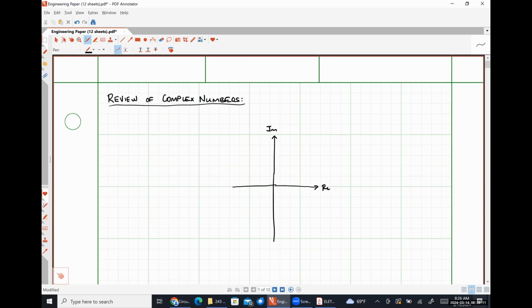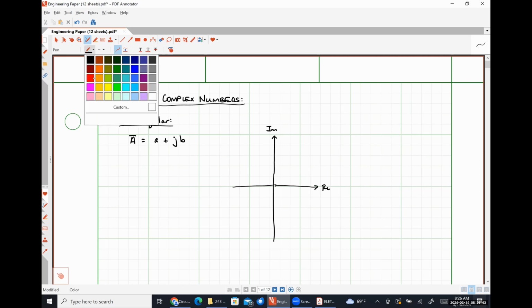The first form that we are going to look at is what's called the rectangular form. In rectangular form, a complex number is expressed as a real component and an imaginary component. So that might be something like lowercase a plus j lowercase b, where j is the imaginary operator that we're going to use.